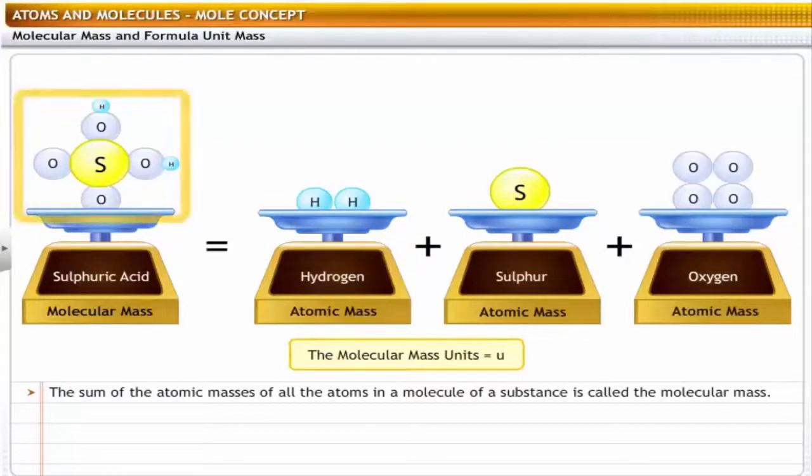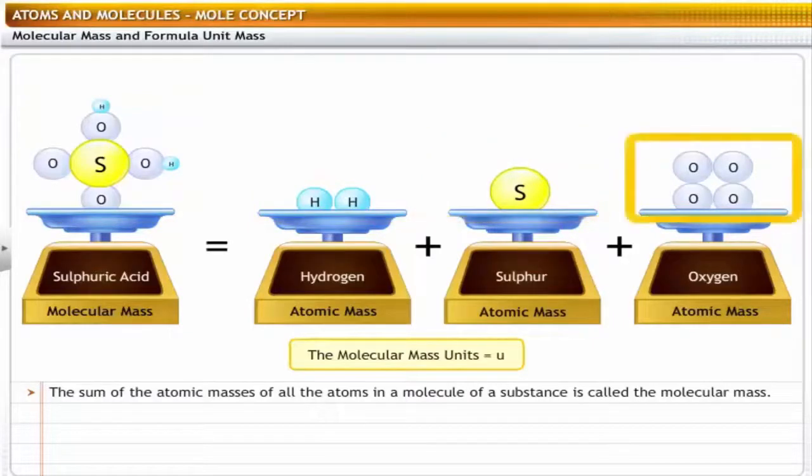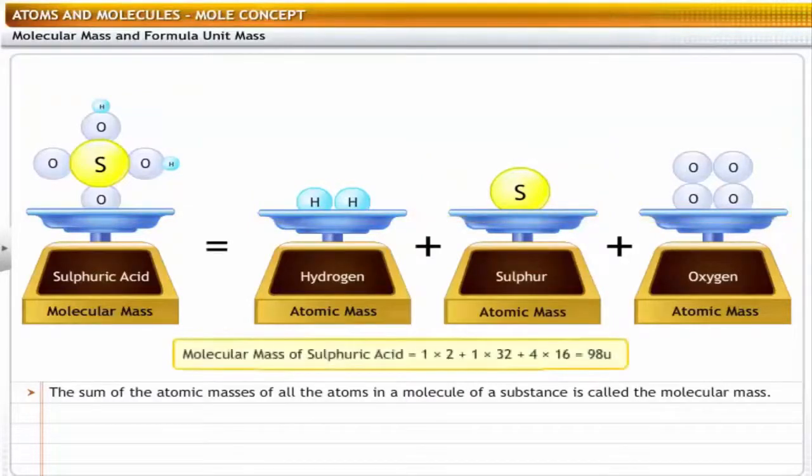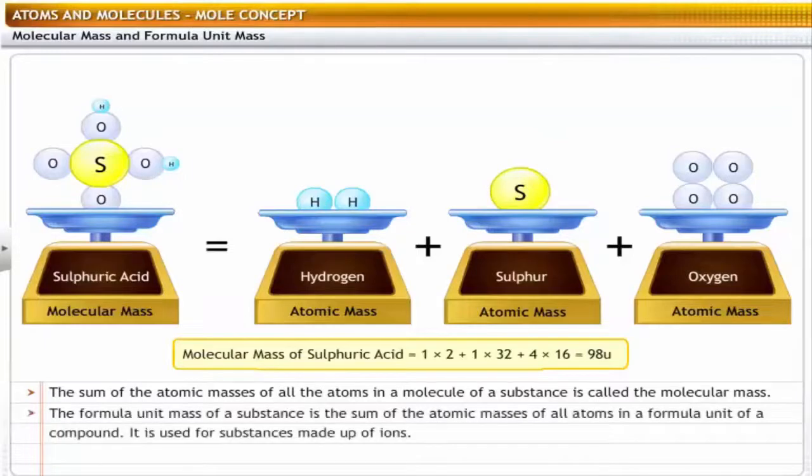Therefore, the molecular mass of sulfuric acid, which contains 2 atoms of hydrogen, 1 atom of sulfur and 4 atoms of oxygen, is equal to 1 multiplied by 2 plus 1 multiplied by 32 plus 4 multiplied by 16 equals 98 atomic mass units.